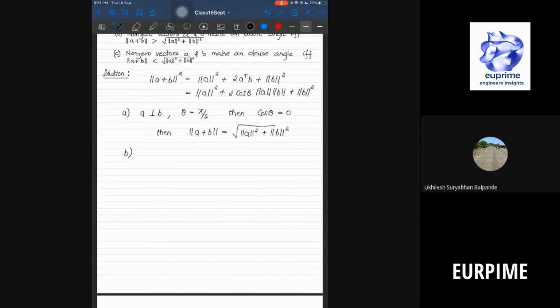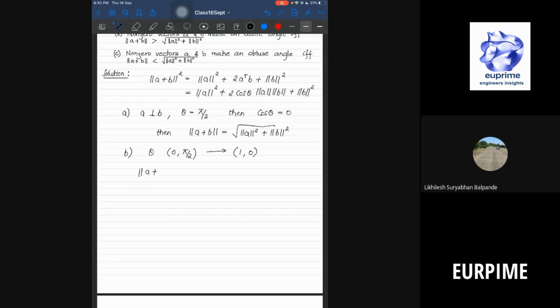In part B, it is given that a and b are placed such that they are at an acute angle, that is theta is somewhere between 0 to pi by 2. Here cos theta can take values from 1 to 0. If you observe, this is an open interval.